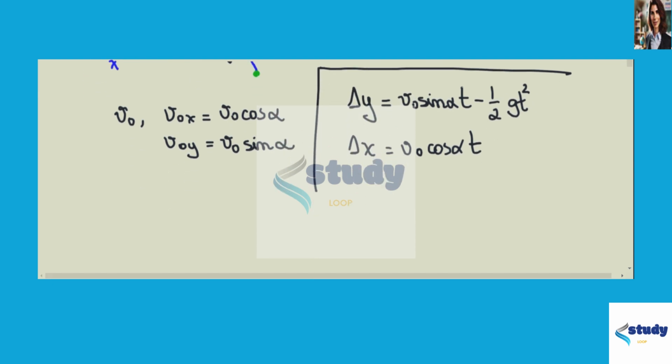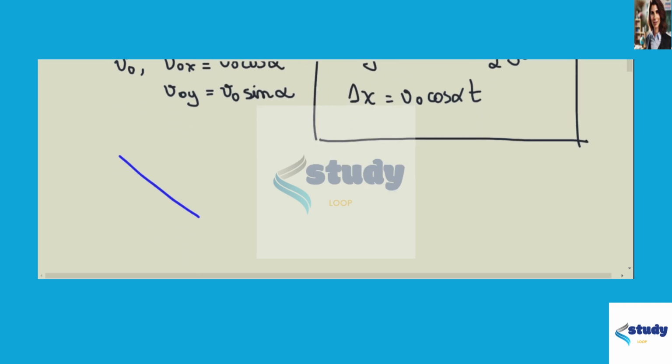And in our problem, what we have is a boy who's running down an incline that makes an angle of 12 degrees with the horizontal, and then he jumps. So his trajectory will be something like this. Actually, let me draw it a little smaller. His trajectory will be something like this.